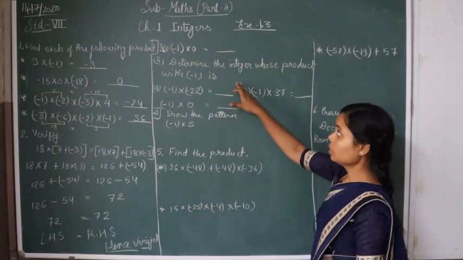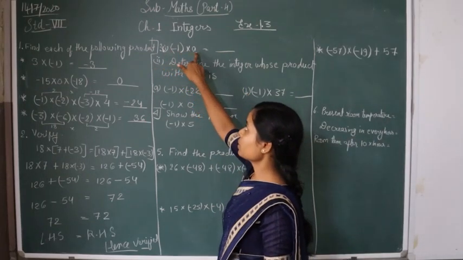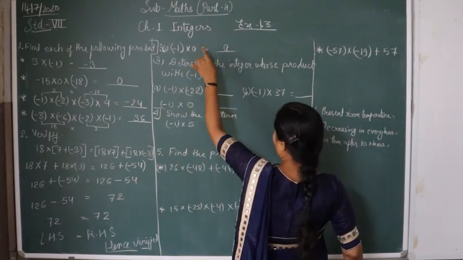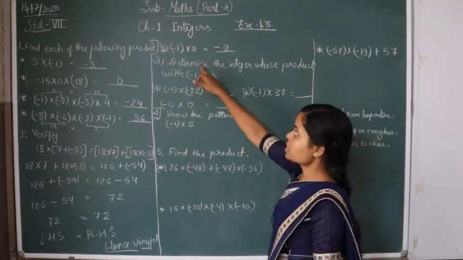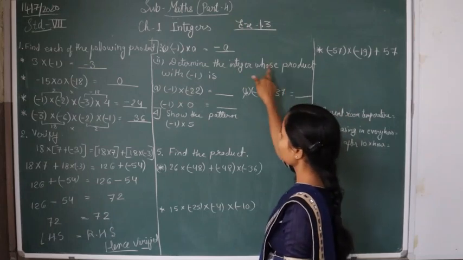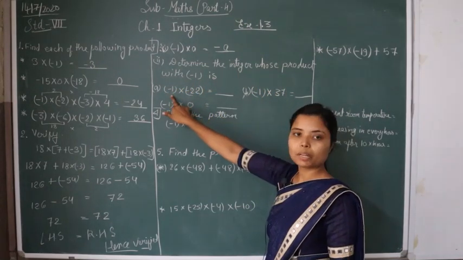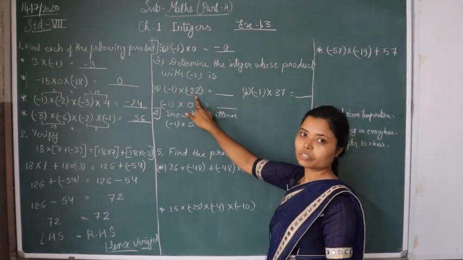Okay. Question number 3. Minus 1 is multiplied by 1. So what we get? We get the number itself, and the symbol is minus plus minus. Next question is determine the integer whose product with minus 1 is. Okay, we have a number minus 1 and we multiply any negative integer with it.